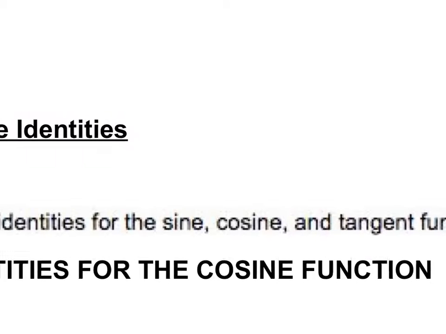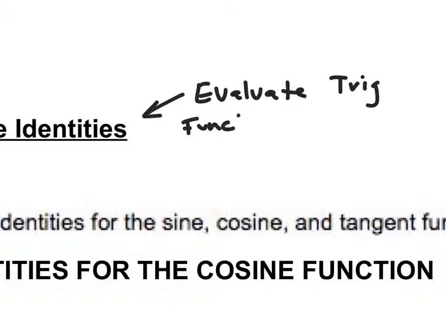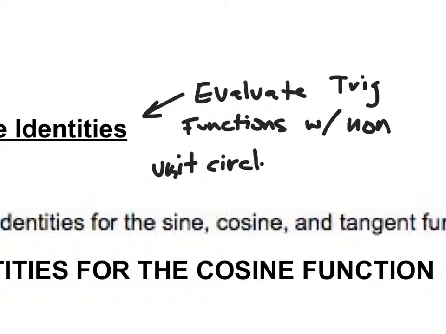The point of this, just so you know, is that we can evaluate trig functions with non-unit circle angle measures. We'll use the unit circle angle measures, but we'll have some weird angle measures and you'll be like, wait a minute, how do we get that?